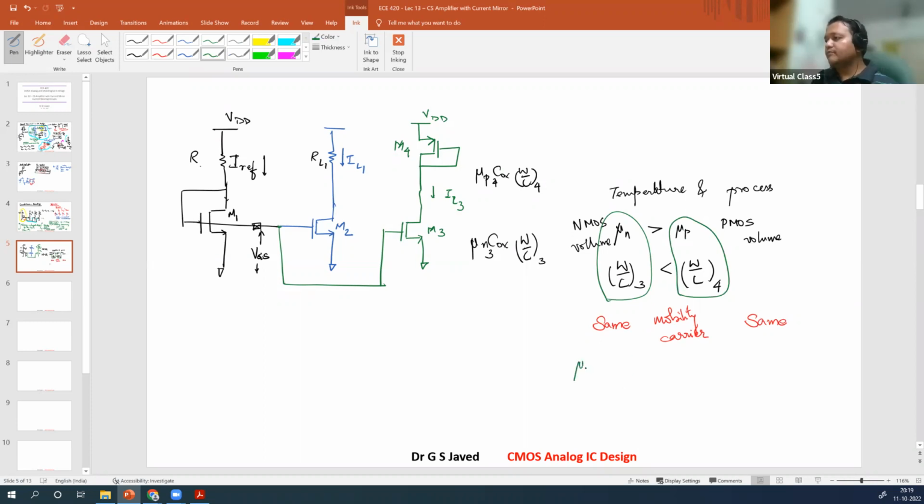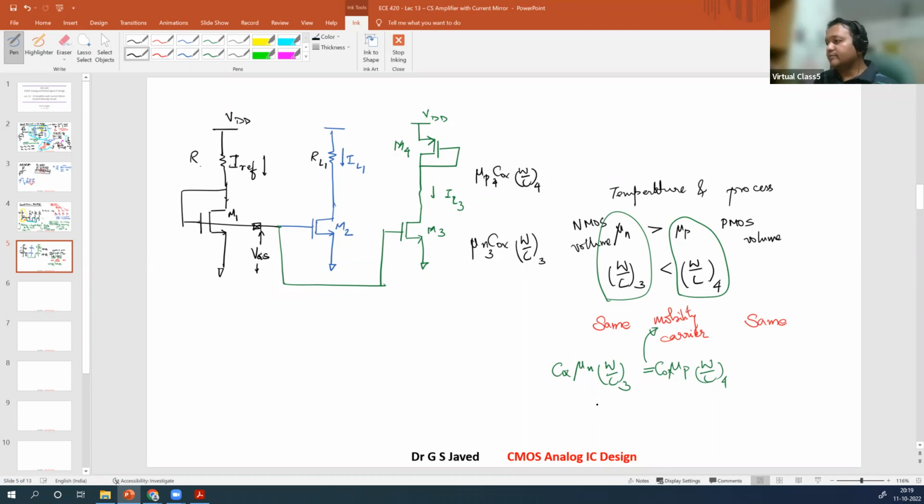So it will be mu n times W by L of 3 should in essence be equal to mu p times W by L of 4. Now with mu n, you can add the Cox. Here also you can add the Cox. Since they are equal, this mobility carrier is equal, you get a ratio on how to design this PMOS device to maintain the same current.